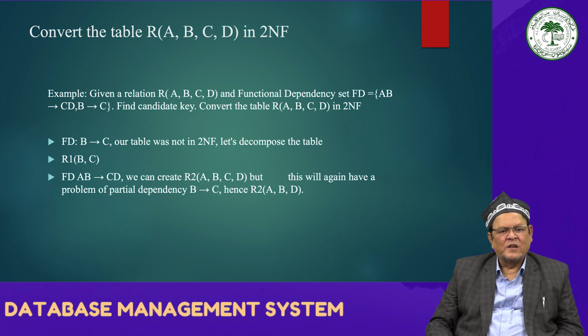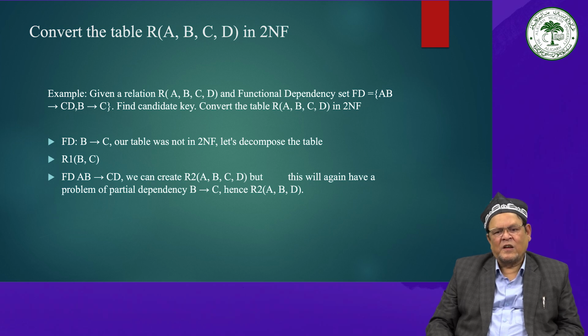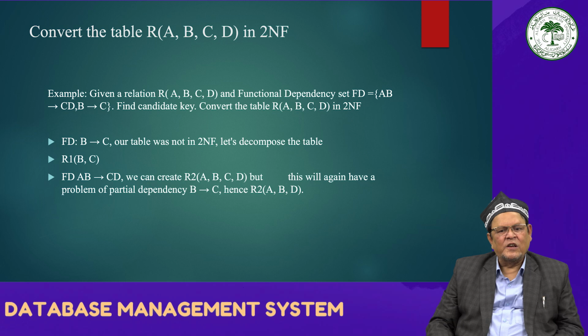Since the key is AB and from the functional dependencies AB determines CD, we can create relation R2 which contains attributes A, B, C, D. But this will again have the problem of partial dependency B determines C. Hence, R2 is A, B, D. Finally, the decomposed tables are in 2NF.